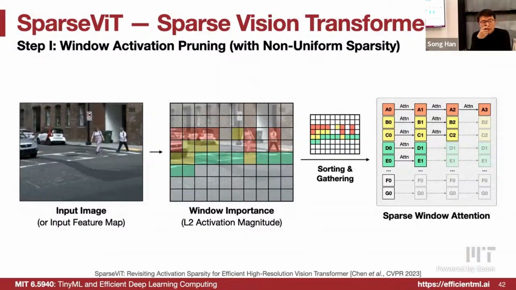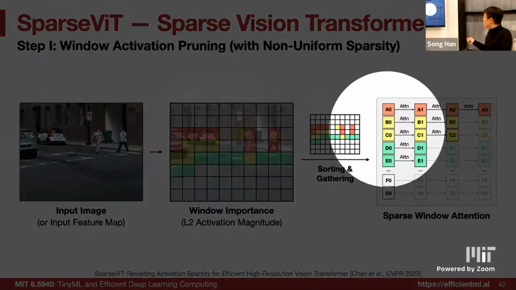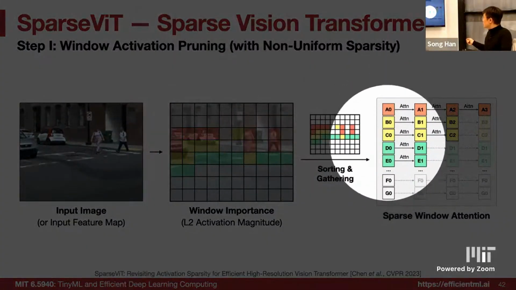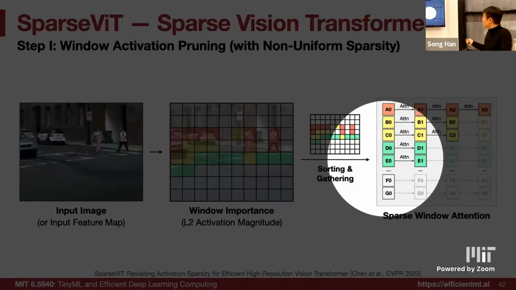And how do we determine the importance of the window? We can just look at the L2 activation magnitude of that window. The larger, the more important we think it is.